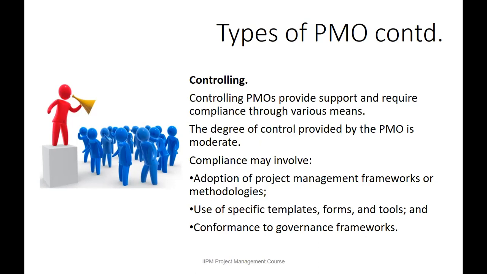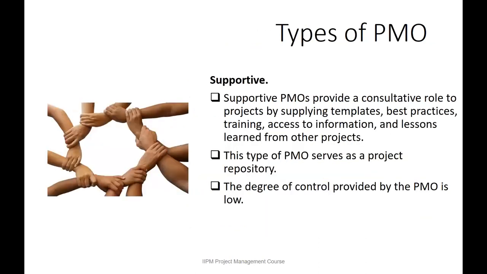The relationship between the project team and the project management office at the supportive level is that the PMO provides all the necessary support to the project team to ensure that their work is done. They are not directing the project, they are not controlling the project, they are not enforcing compliance, but they are providing templates, they are providing guidelines that can ensure compliance.